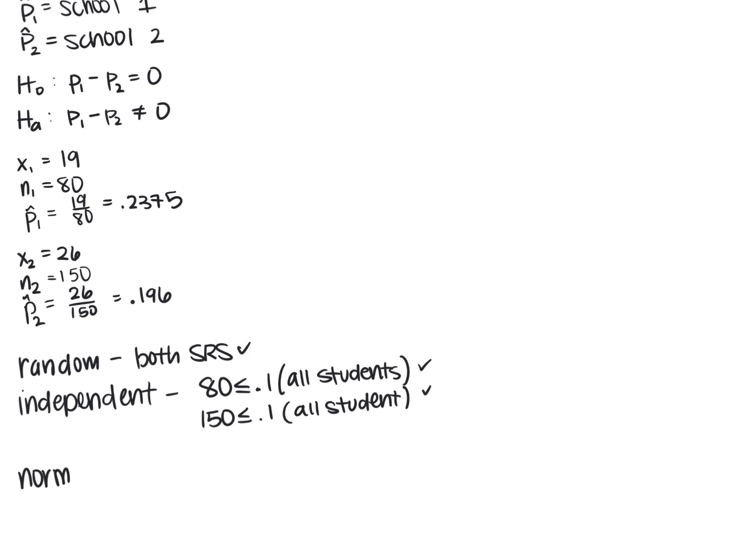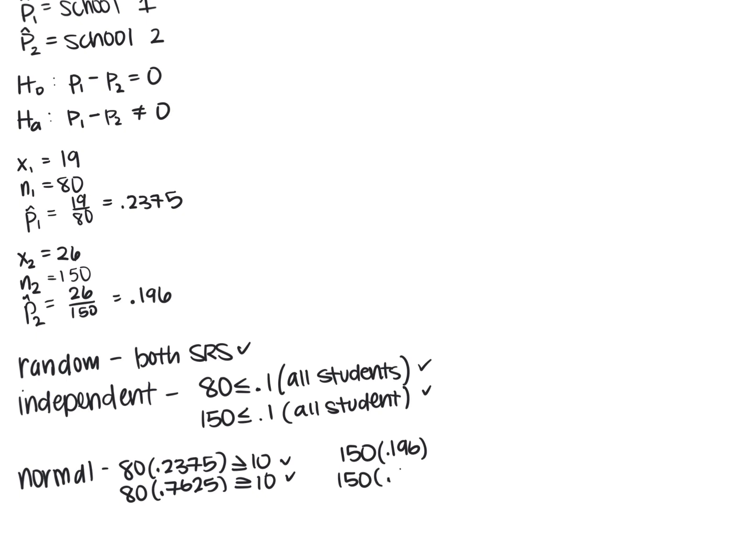And then the last one is normal. So 80 times 0.2375 and 80 times 0.7625 both have to be greater than or equal to 10, which they are. And then 150 times 0.196 and 150 times 0.804. Just realized my P2 hat was incorrect.